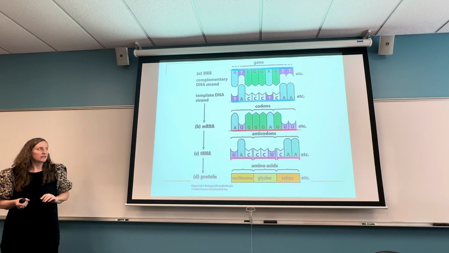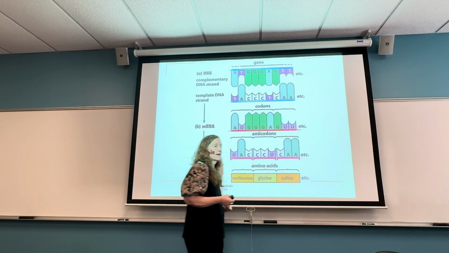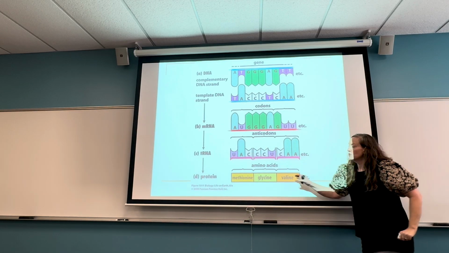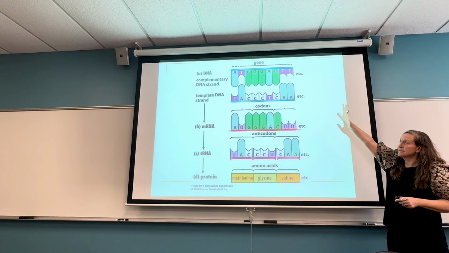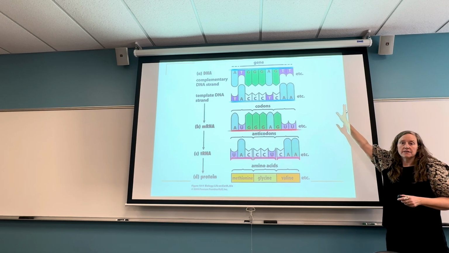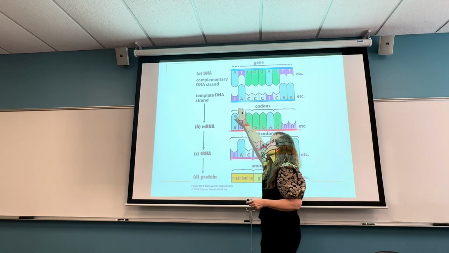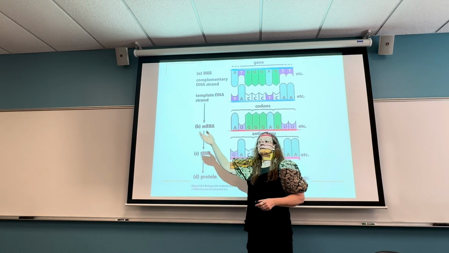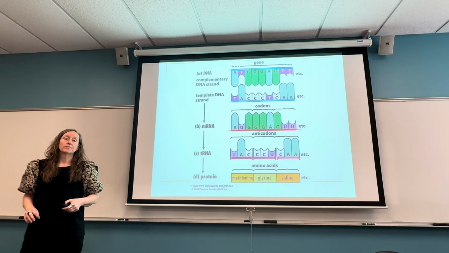So let's take a look at starting from DNA here and going down to making our protein sequence. So remember that in the nucleus, this top part here, the DNA is double-sided, and one side of the DNA is the template strand, which is going to be copied into a complementary mRNA.